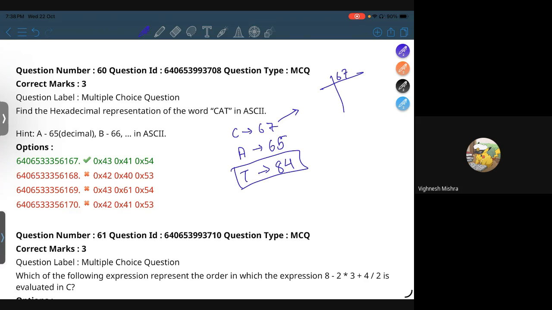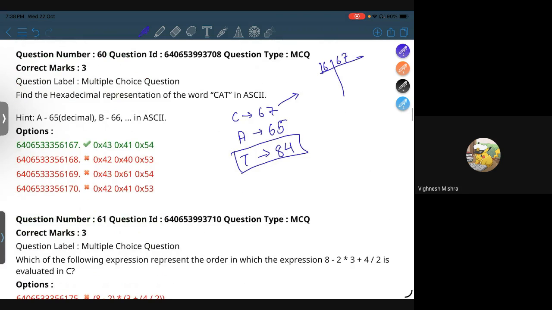So 67 in hexadecimal is 16. Calculating this. Only it's 4 times. Wait, someone remember this thing? I again forgot how to do this. Conversion to hexadecimal, right?